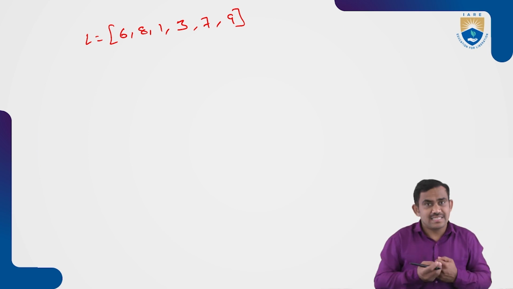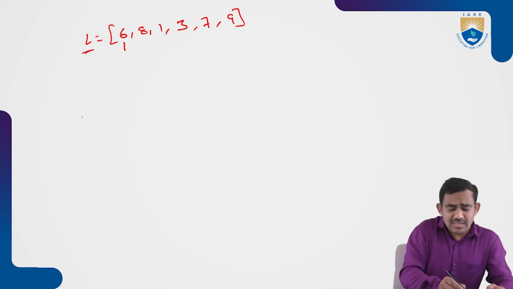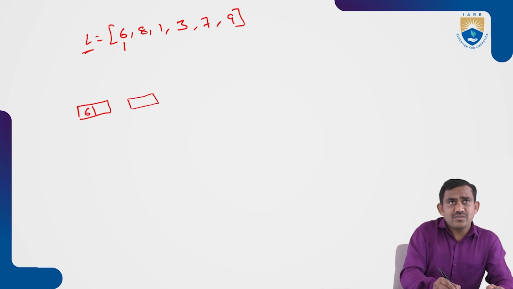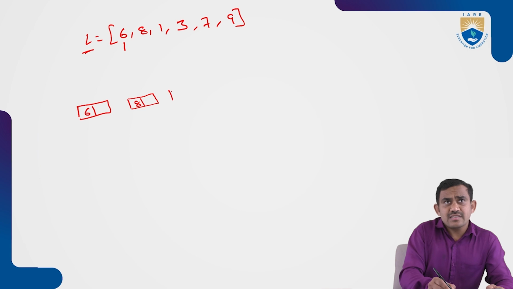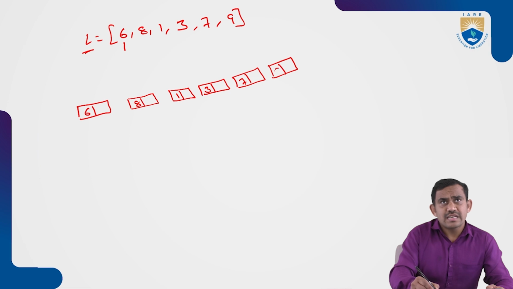Like a linked list. Suppose this is my list, and I want to create the linked list. What is the logic? This is my first node, 6 is the value. This is my second node, 8 is the value. This is the third node, 1 is the value. This is one more node, 3. This is one more node, 7. And this is one more node, 9.